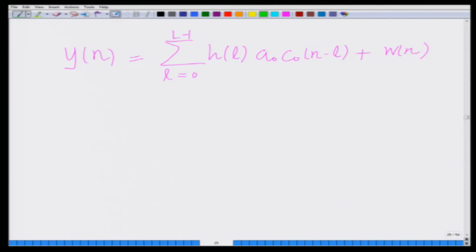Now, at the receiver we correlate yn. So, this is the yn that is received in this CDMA system across the frequency selective channel. At the receiver we will correlate this yn with the code sequence C0 n, because at the receiver in a CDMA system we correlate with the spreading sequence or the chip sequence of the particular user. Therefore, at the receiver we perform the correlation operation.